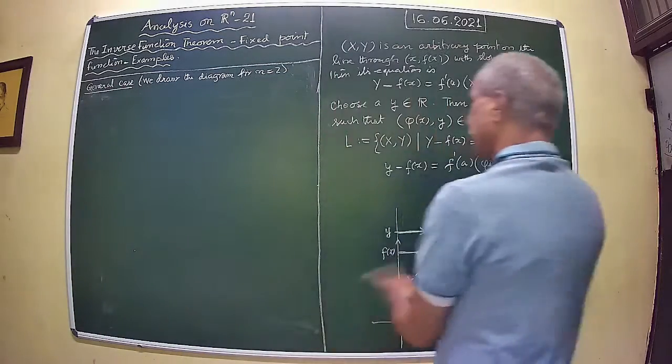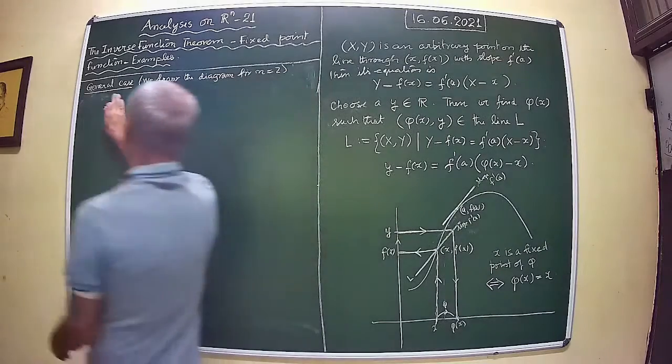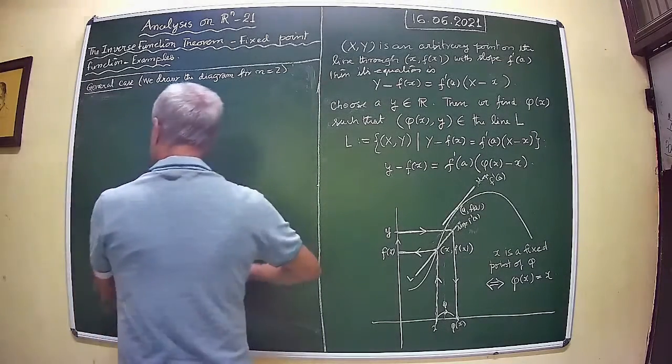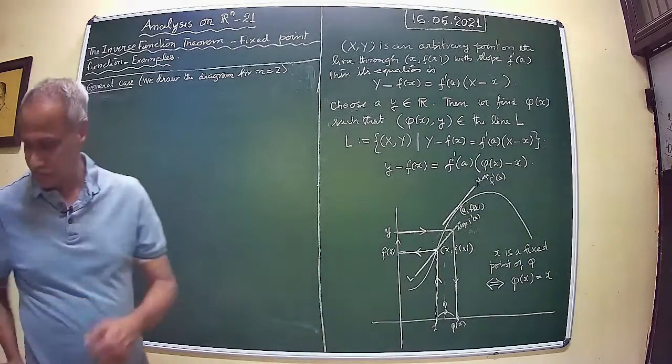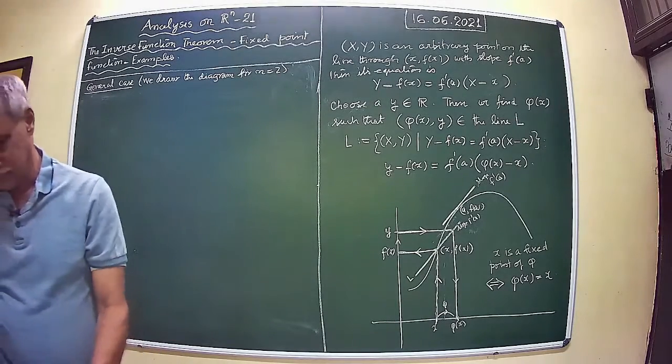You can't draw the graph anymore for general n, but maybe one can give the picture. So the situation is this.